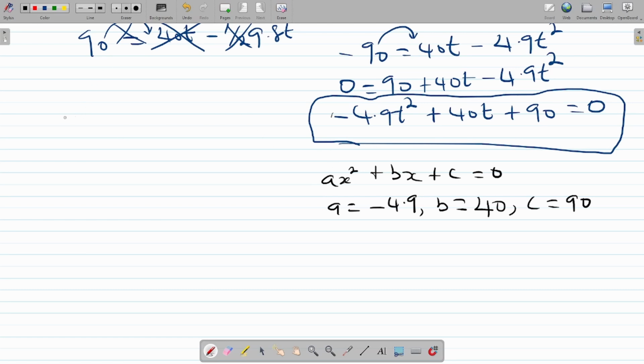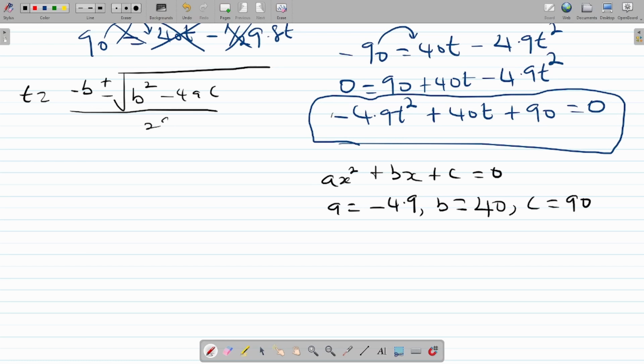So let's continue. Here we have t is equal to negative b plus or minus the square root of b squared minus 4ac all over 2a. We can plug in and solve right now. So what do we have? Let's plug in our values. Our b, as we have here, is 40.